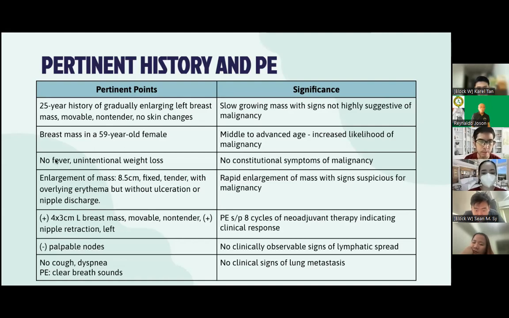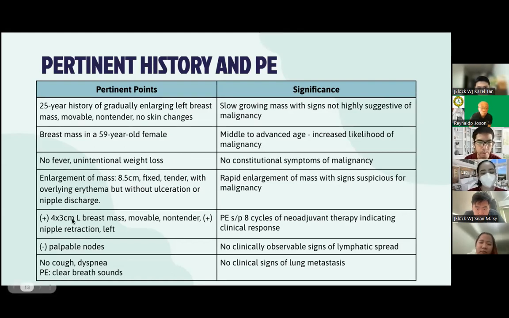And there was also no fever and unintentional weight loss, so there were no constitutional symptoms of malignancy. However, the enlargement of the mass 2 years prior to admission to 8.5 cm and being fixed, tender with erythema could present with signs suspicious for malignancy.